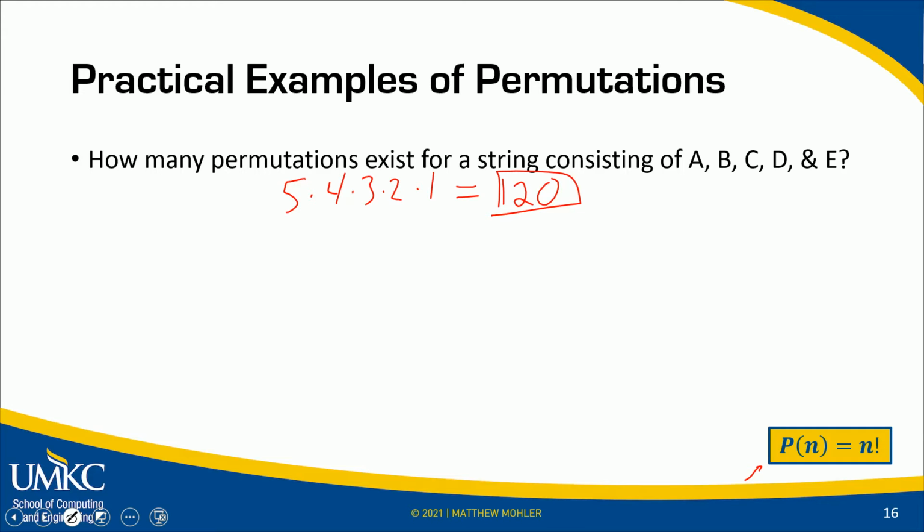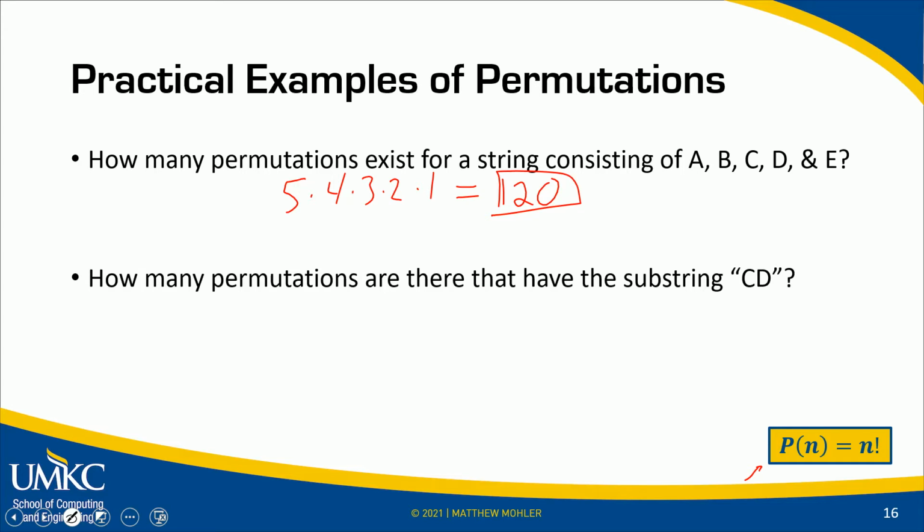Now, another question you might ask just for fun is how many of those permutations have the substring CD in that order in them? Now, there's a couple ways to approach this problem, but the easiest, at least in my opinion, is that you just treat CD as a single string, as a single element.